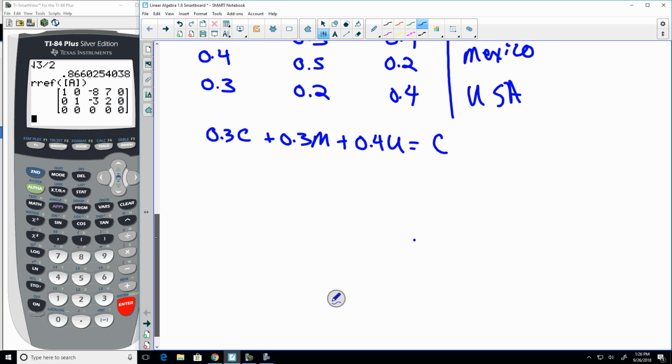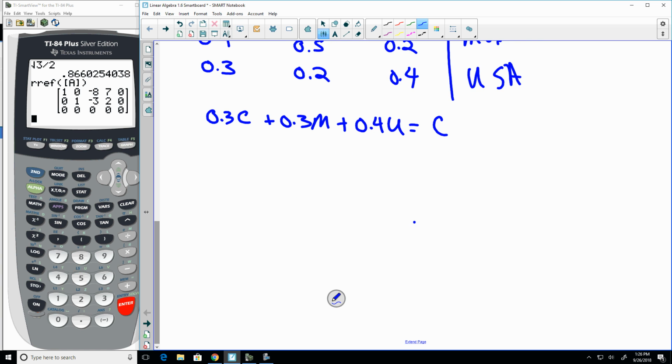So what we're going to do is set all these equal to 0. So we don't want variables on the right side. We want all the variables on the left. So if I subtract C, I get this equation.